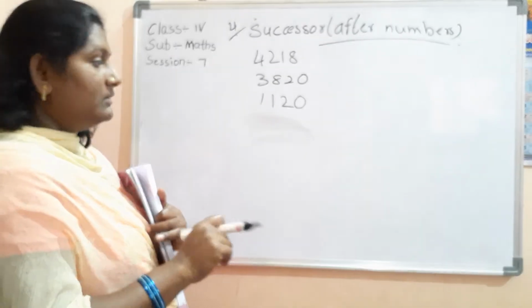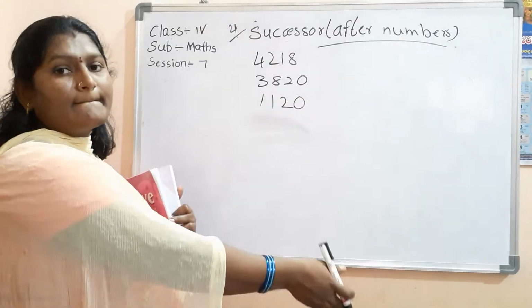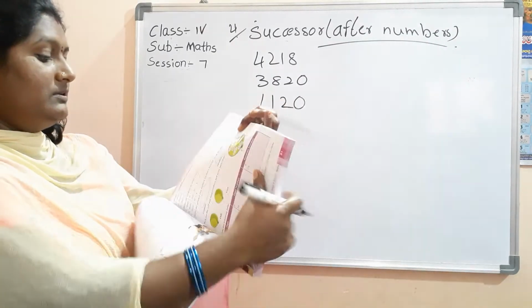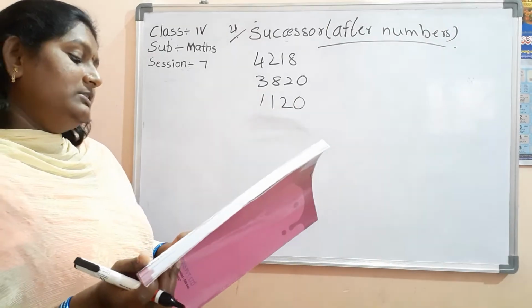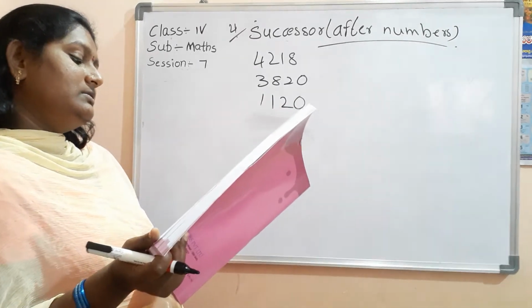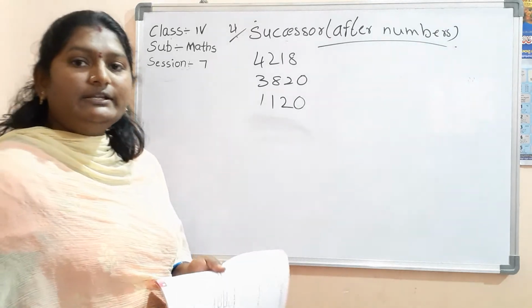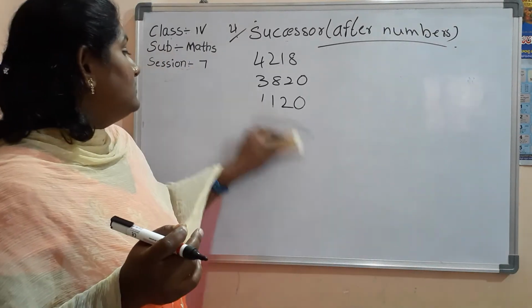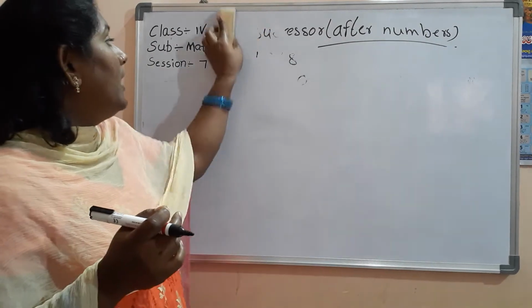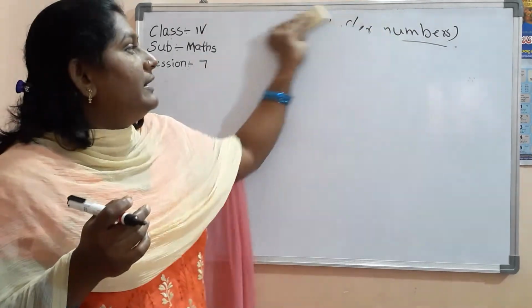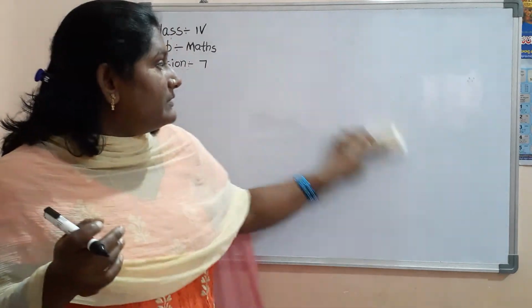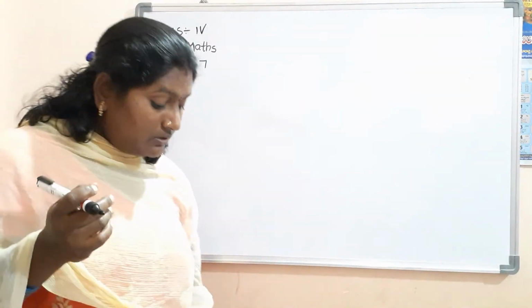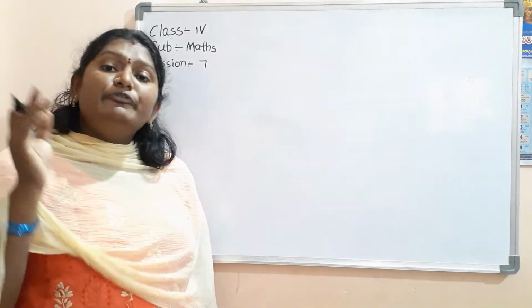Fifth bit. What is the fifth bit? Predecessor. Okay, na? Write the predecessors of the following numbers. So, the fifth bit has to be written down. As I told you, predecessor means before number.